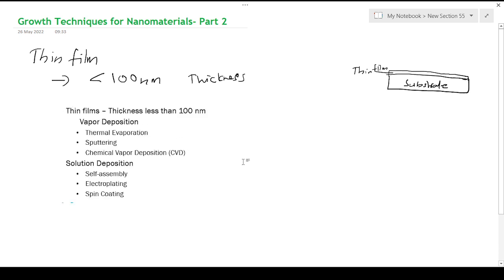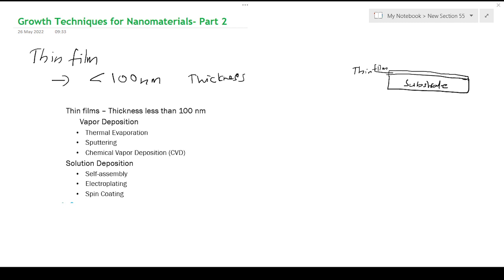The main preparation methods for thin films are vapor deposition methods: one is the thermal evaporation method, another is sputtering, and chemical vapor deposition methods. Also there are solution deposition methods, where you can observe self assembly, electroplating, and spin coating. There are many methods to prepare thin films, and we'll first see how the growth techniques on thin films work.